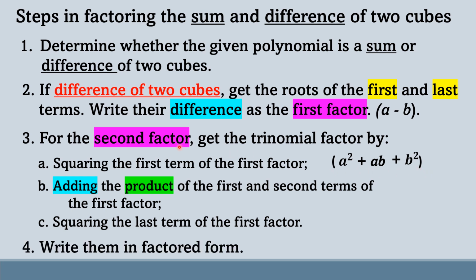Last step, we are going to write them in factored form. The factored form will follow the pattern quantity of A minus B, our first factor, times the quantity of A squared plus AB plus B squared, which is our second factor.